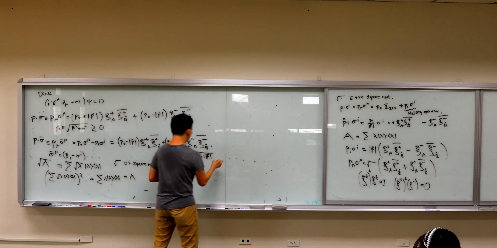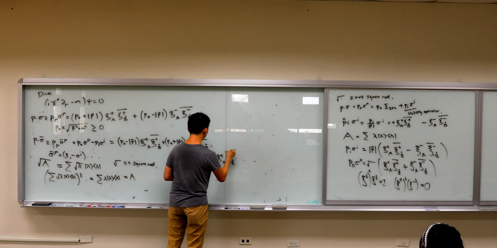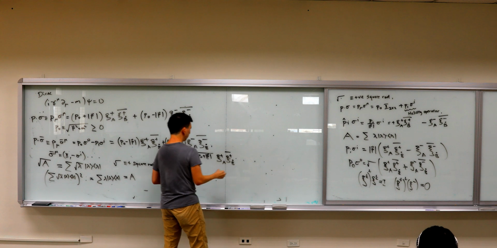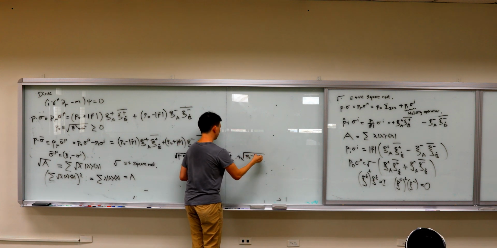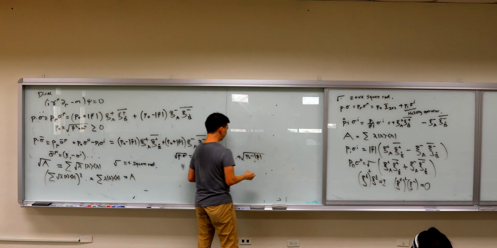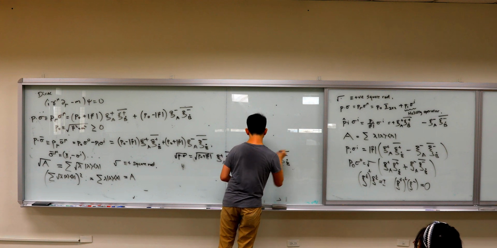P, and then C plus, and then square root of P0 minus P, C minus. Okay?